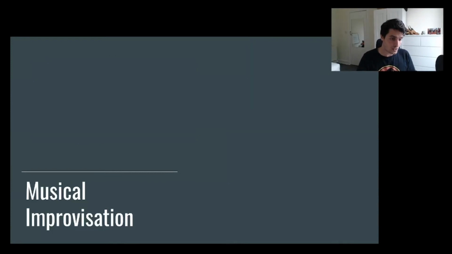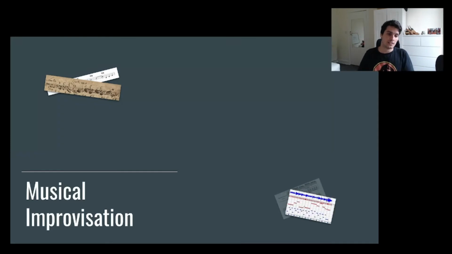So the point of this boundary of language, and why I'm mentioning musical improvisation as an example of a boundary of language, is that we have on one end the continuo style, chordal style notation. We have on the other end the score style or MIDI style notations.